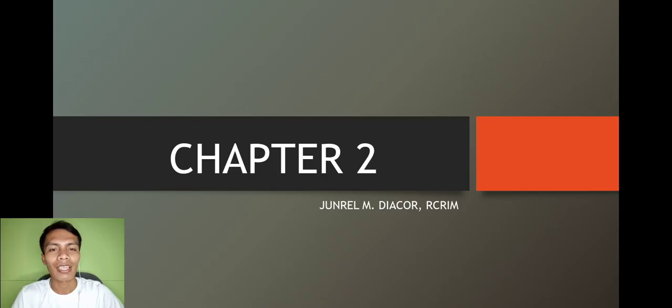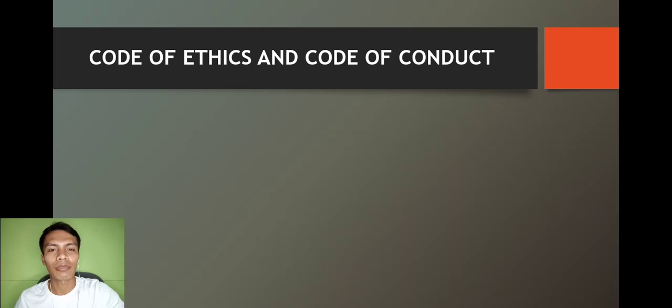So again, we will continue our discussion in our subject, which is professional conduct and ethical standards. We'll discuss chapter 2. We have the following subtopics that we are going to discuss in this video.